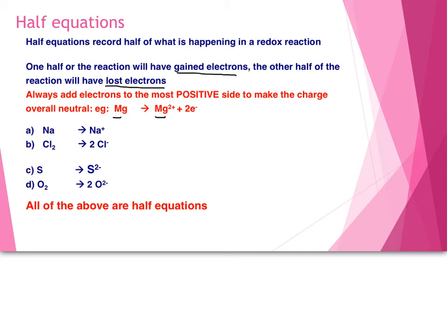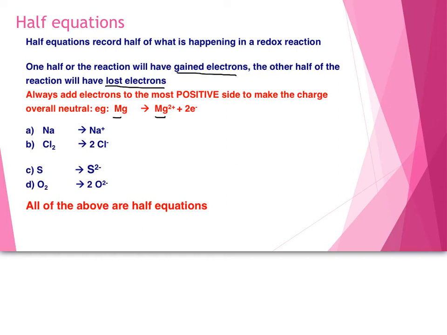When all metals become positive ions, they're giving away electrons. I always tell my year 11s that when you're giving away electrons, think of it like giving away eggs. If you give away eggs, that's a positive thing. So magnesium has given away a couple of eggs and it's become a positive ion.